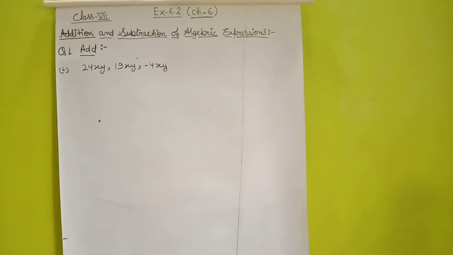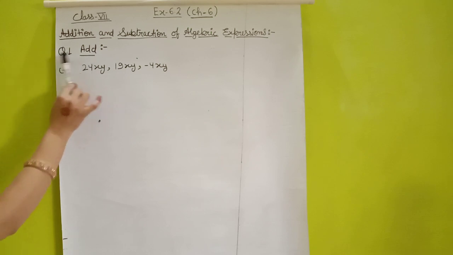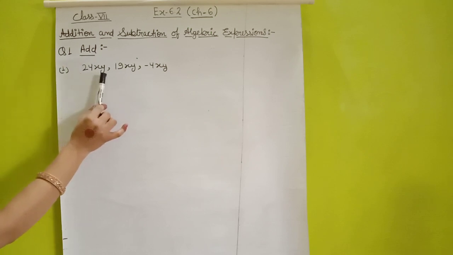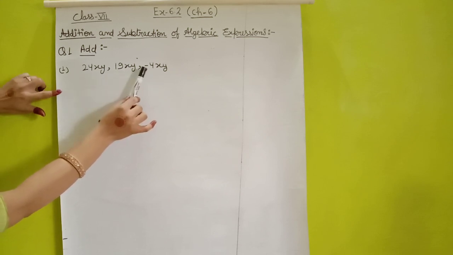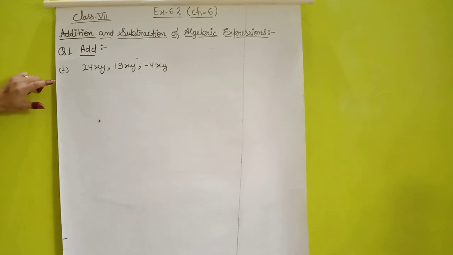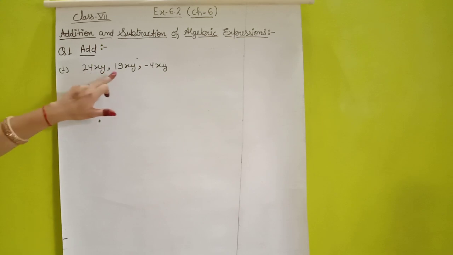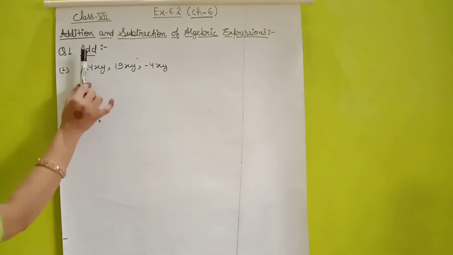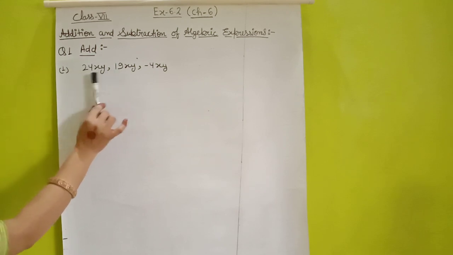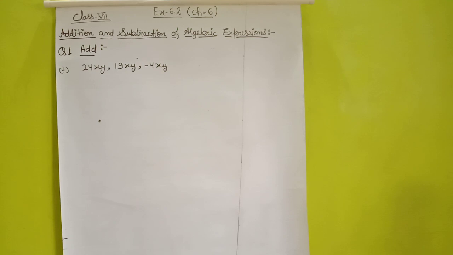For this, I am taking questions of exercise 6.2. Question number 1 is add, and part 1 is 24xy, 19xy, minus 4xy. It means 3 algebraic expressions are given here, and we are to add all these 3 algebraic expressions.